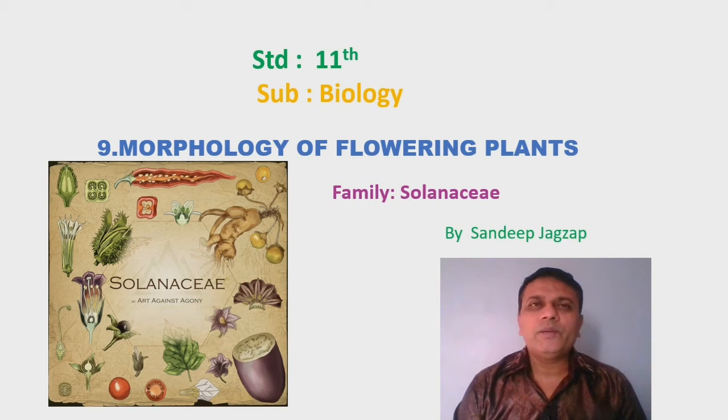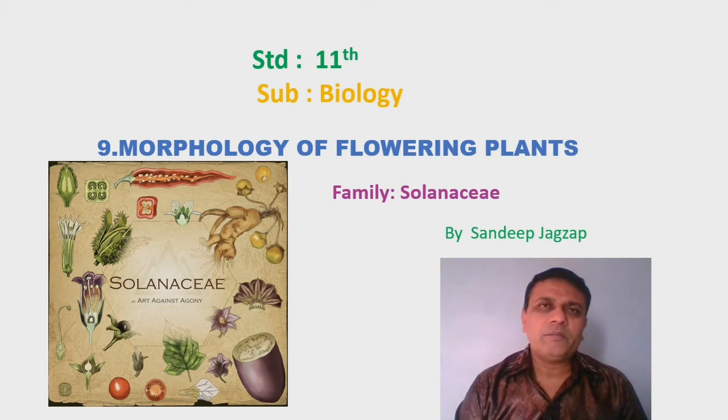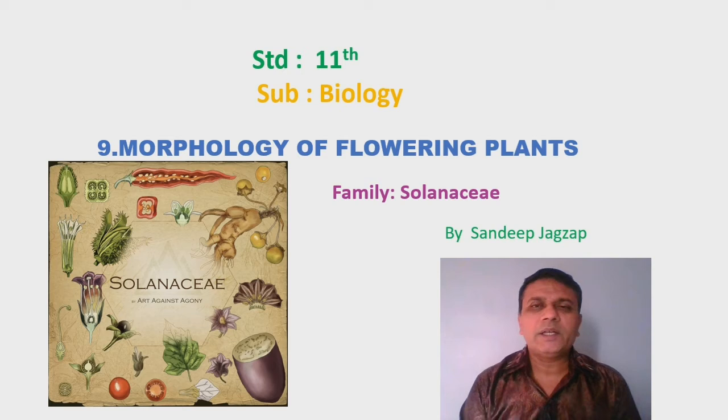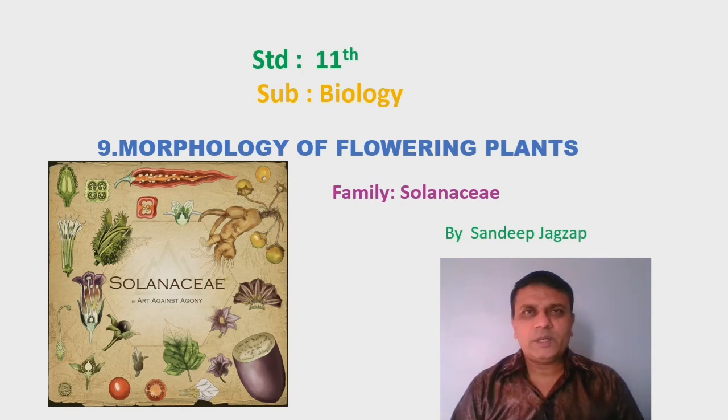Similarly, we have seen the different types of estivations. Estivation means the arrangement of sepals or petals on the thalamus. Then we have seen regarding placentation. Placentation is the arrangement of ovules inside the ovary.